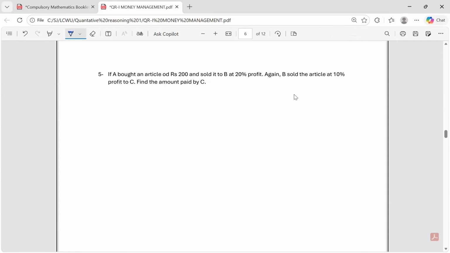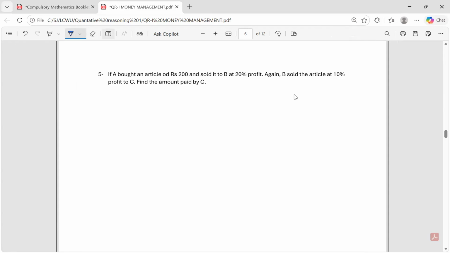Again, B sold the article at a 10% profit to C. Find the amount paid by C. So you can see the style of trade: the first person bought an article and sold it to a second person at a certain profit, and the second person sold it to the third person at a certain profit margin. So both A and B had a profit from this purchase. Let's see how much C paid.